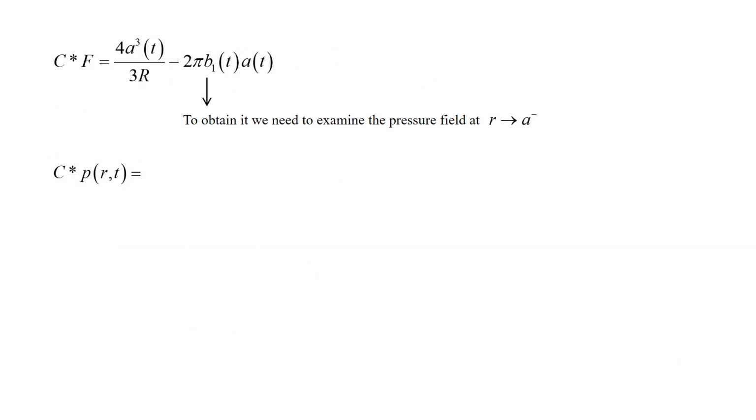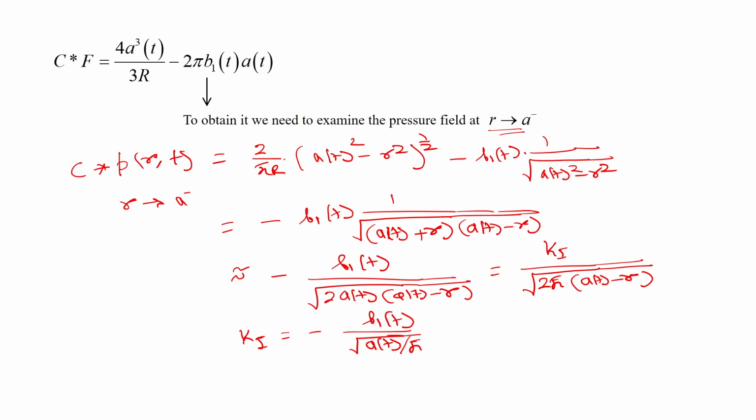So here let me just correct it over here. So let us say this is P of RT, okay, RT. So that is equal to C inverse star, minus 1 star B1t by AT by square root of AT by pi.